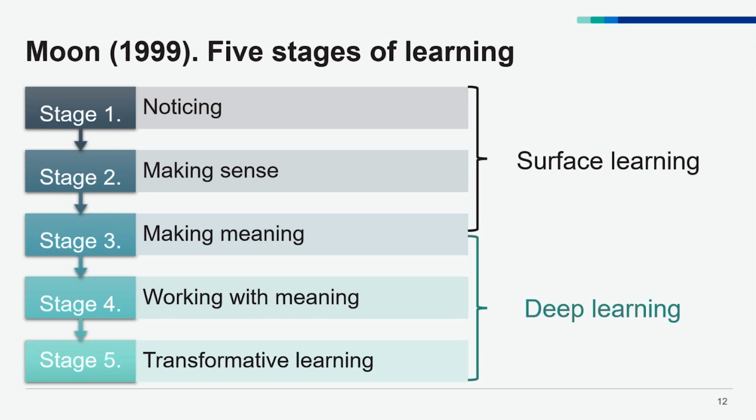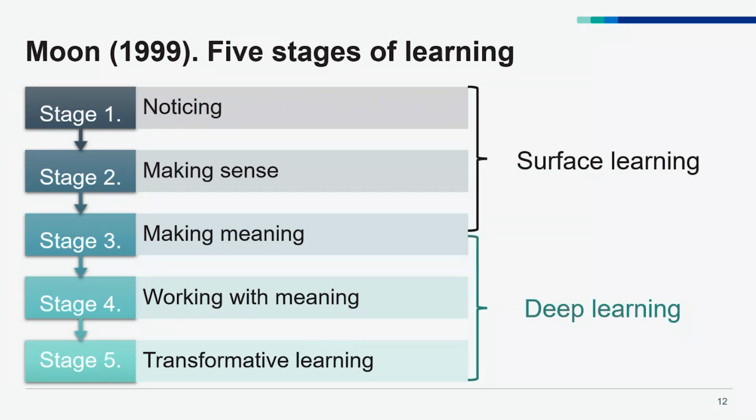It piques your interest and you think, actually, this is quite significant in terms of my own practice and learning. Stage 2 is where you start to make sense of it. You start to think more about what you've noticed and you try to understand it better. That's where you're taking a little bit of a step back and starting to reconsider it.